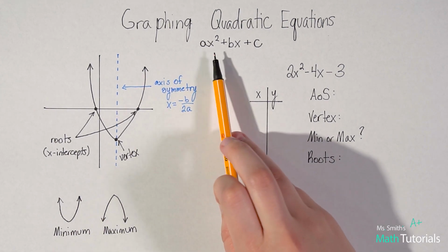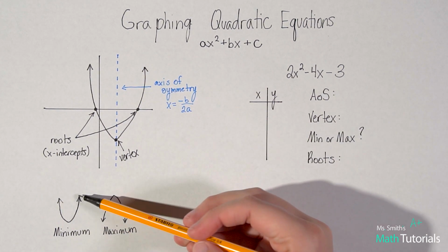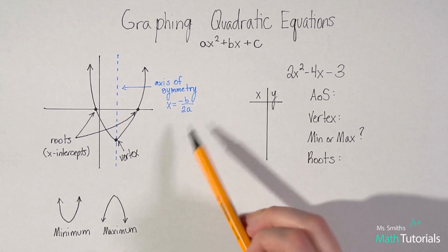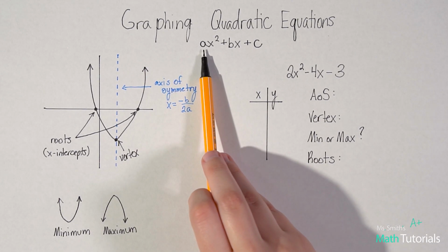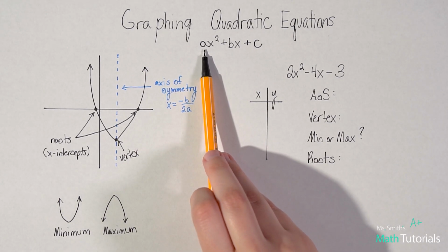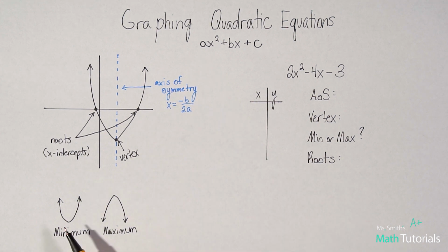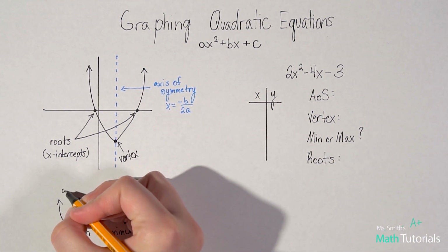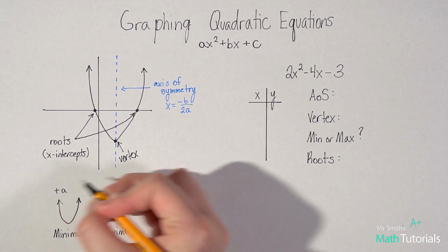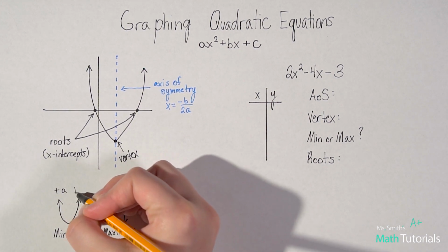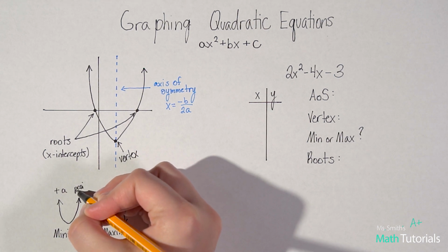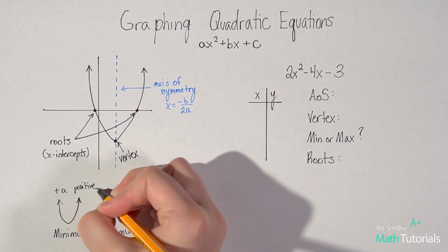Now, something interesting about whether it faces up or opens down is that it's all based on your A value. Okay, so if your A value is positive, it's going to be a smile. So if A is positive, then it smiles. Positive.